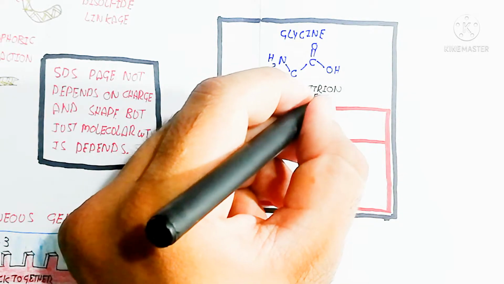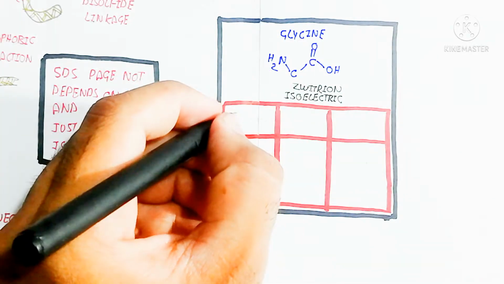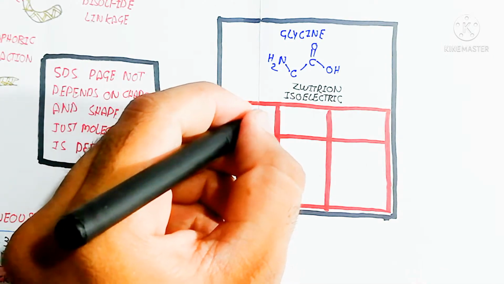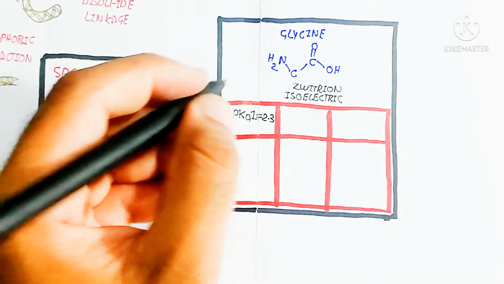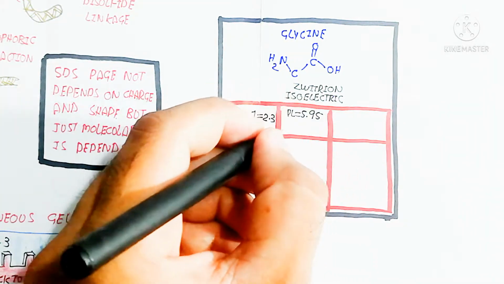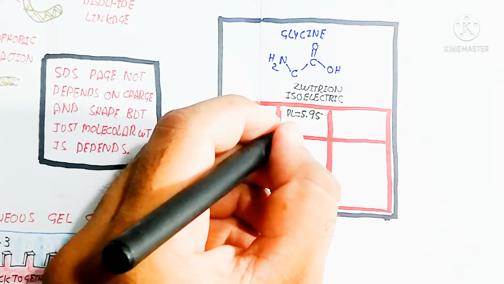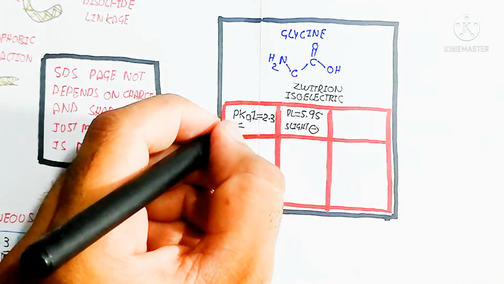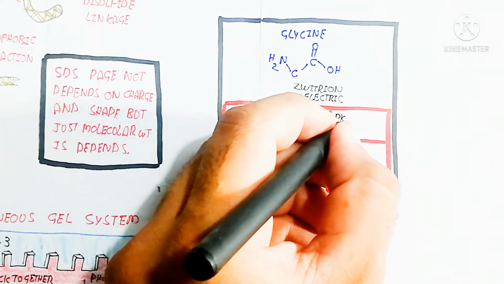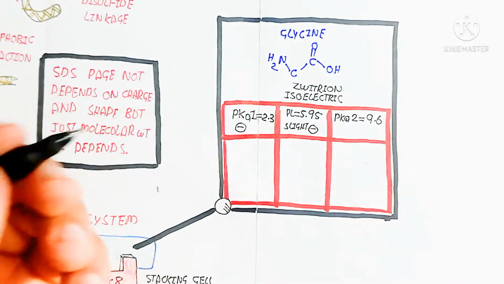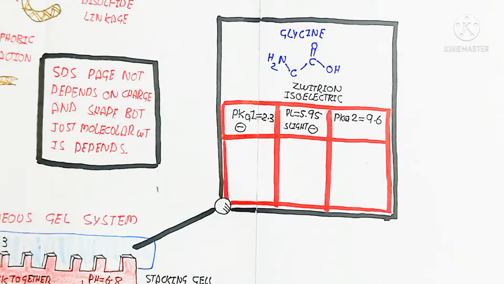Here pKa1 is equal to 2.3, which is more positive, because it is able to donate a proton. At 5.95 it is slightly negative, meaning it will give up the proton too, but only slightly.